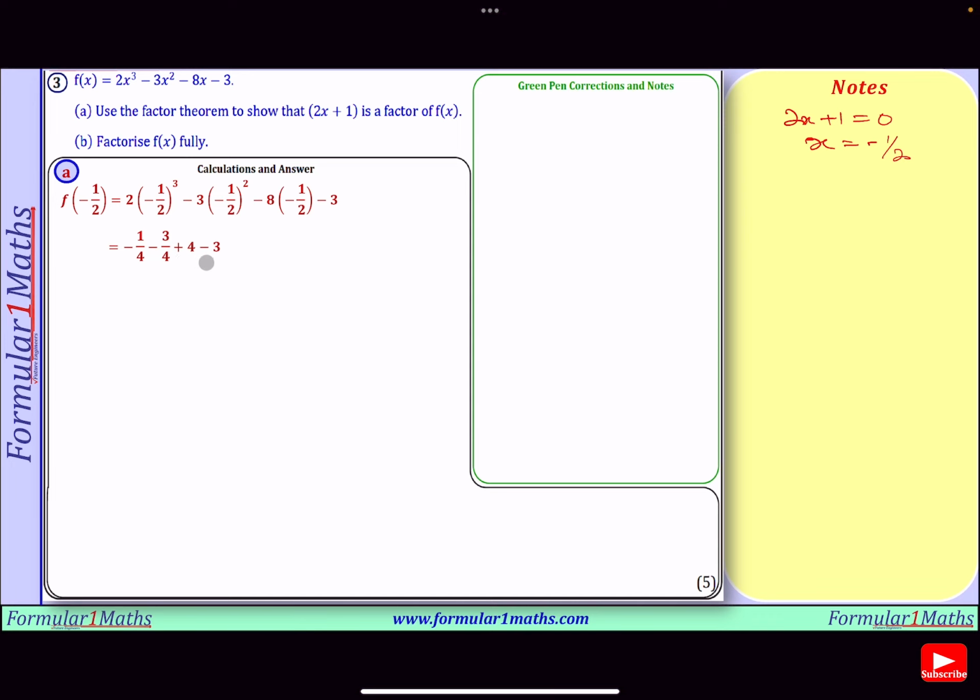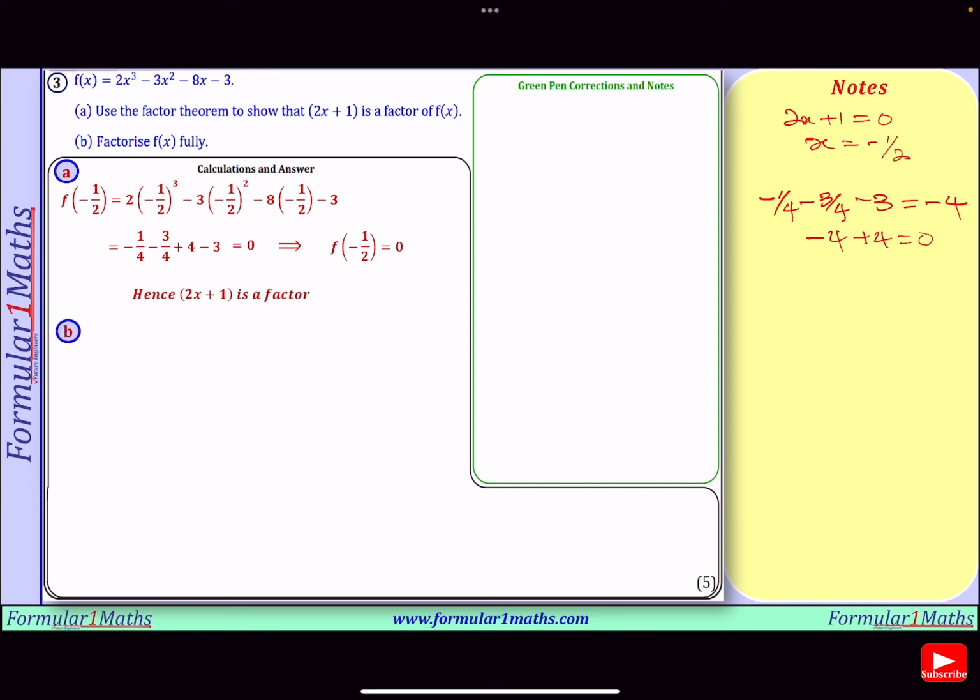And as you can see, minus a quarter minus 3 over 4 minus 3 is equals to minus 4. And so minus 4 plus 4 equals to 0. That means this is 0. And that implies that f of minus half is 0, which means that 2x plus 1 is a factor.